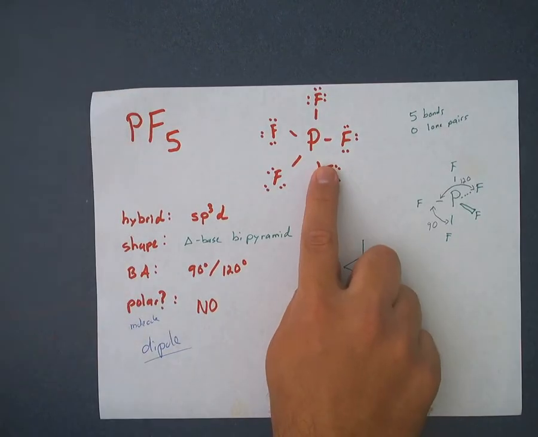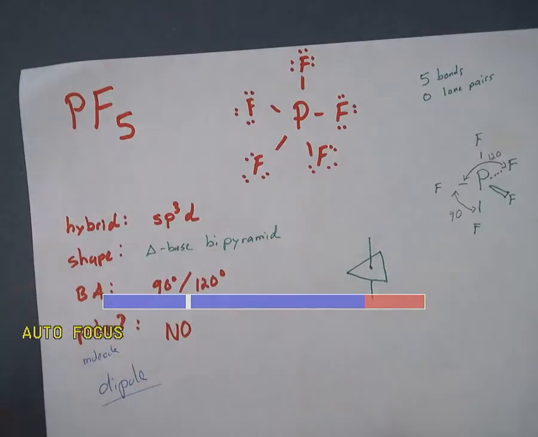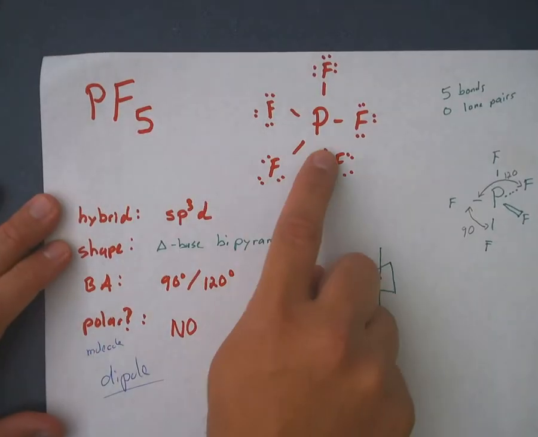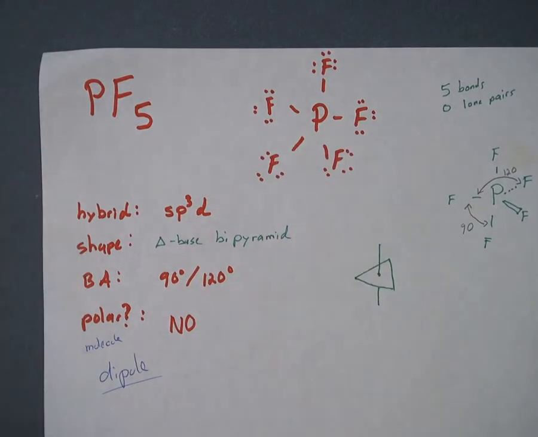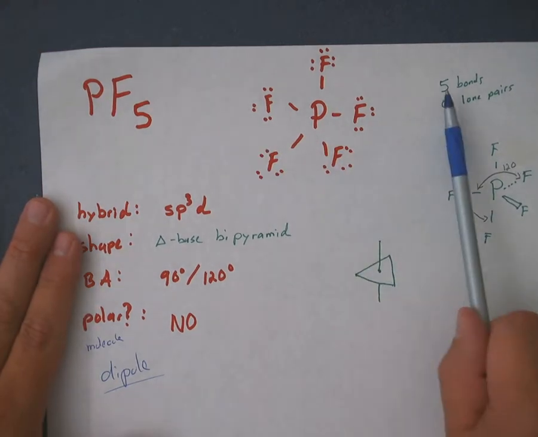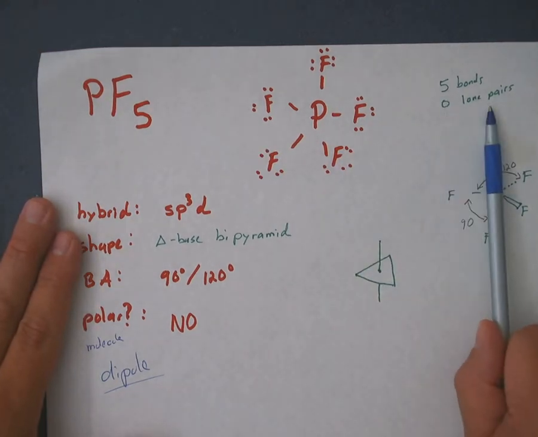If we were to get a sample molecule that can actually squeeze 5 atoms across the central atom, here's an example. We have phosphorus with 5 fluorine atoms. If we were in a hurry, we would go over how to make the Lewis structure, but here's our Lewis structure with 5 bonds and 0 lone pairs.